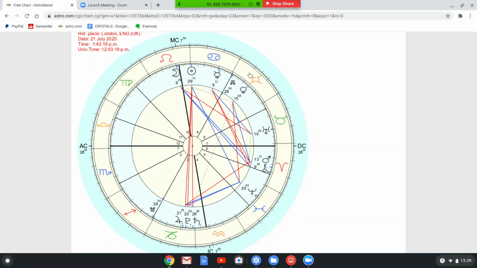So if this is July, June, May, April, so I would be 21st of April, mid-April, I would actually create this chart and start looking at it and look at how your life is already starting to show signs that this solar return is going to be what it's going to be for you for the coming year.